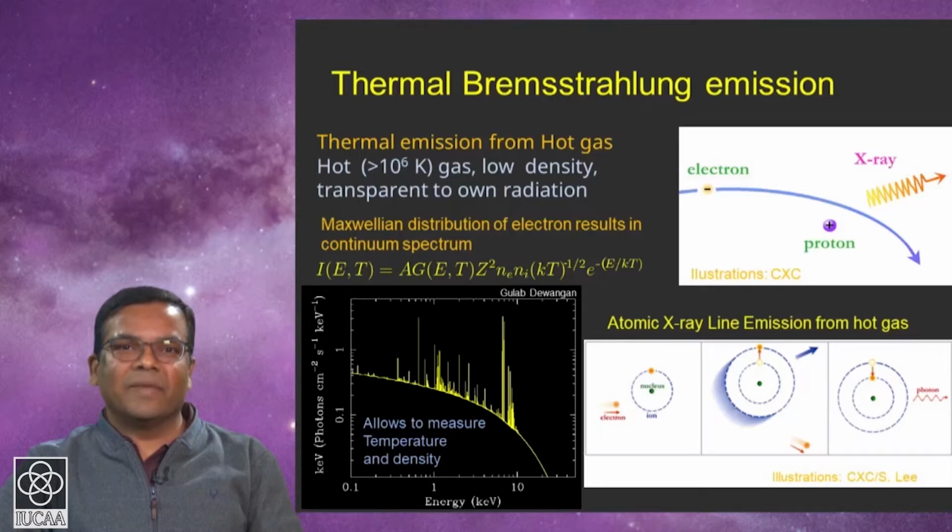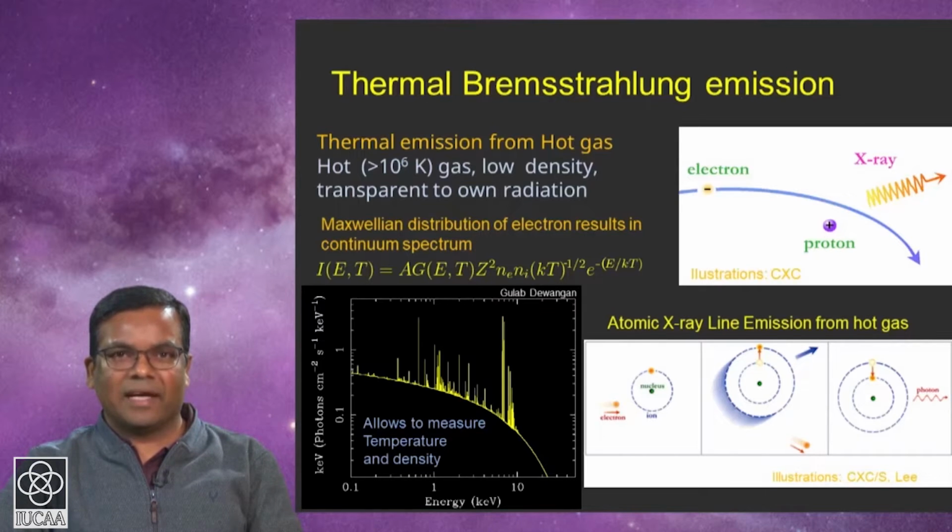In addition to continuum radiation, the hot gas can also give rise to a number of emission lines, because if the gas is ionized at a given temperature, let us say something like 10 to the power 6 Kelvin, the heavier elements will not be fully ionized. In such a case, if an electron moves close to one of the partially ionized atoms or ions, it gives some energy to this ion.